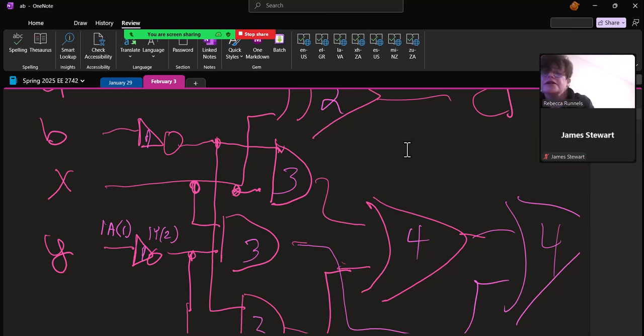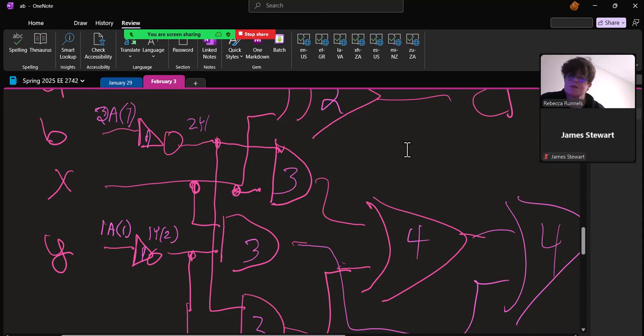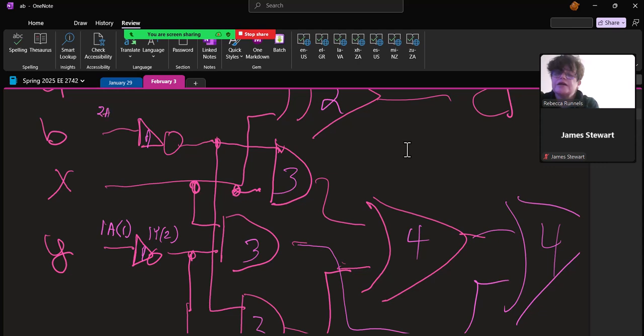And then this is going to be 2A, which is pin 3, and 2Y. Okay, so 1A goes to 1Y, 2A goes to 2Y, and that's pin 3 and pin 4.